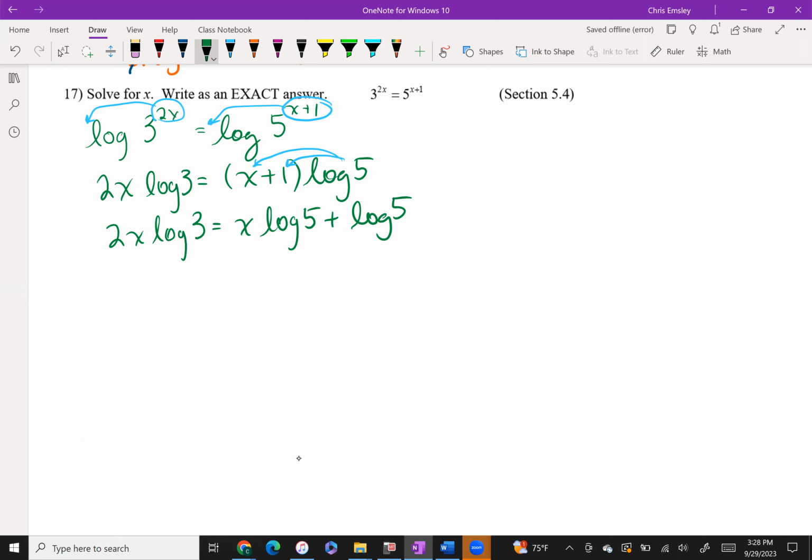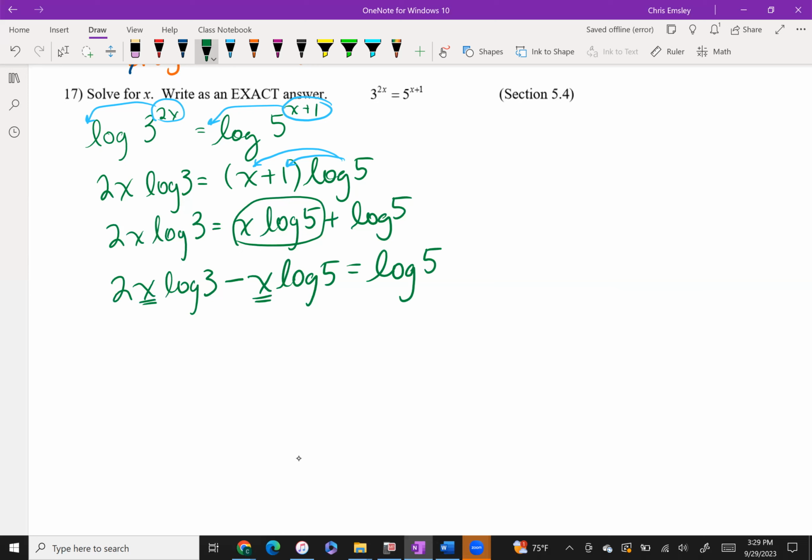Again, solving for x. So we need anything that has an x in it to be on the same side. So I'm going to subtract this term to move it over to the left. So we have 2x log 3 minus x log 5 equals log 5. Okay, solving for x. X right now is in 2 separate terms.